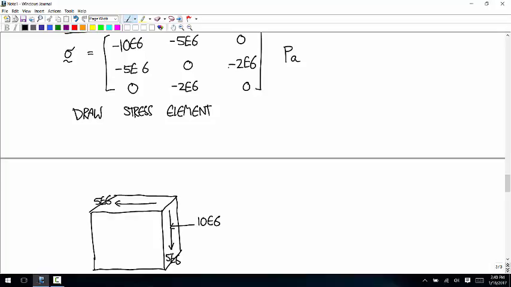And then in the negative z direction, we have 2 times 10 to the 6. And then on the z face, we have nothing in the x direction. In the negative y direction, we have 2 times 10 to the 6. And nothing in the z direction.